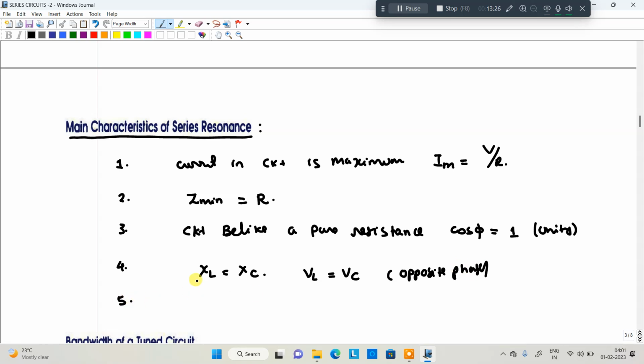Next, the last point, at resonance the frequency f naught is equal to 0.159 by root LC, or 0.16 by root LC. So this is the resonance frequency, the main characteristics.